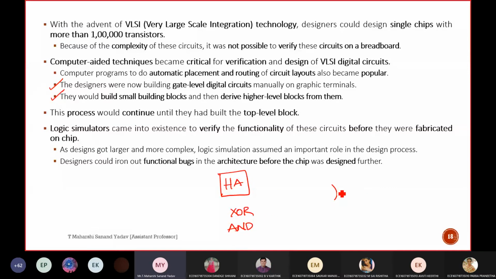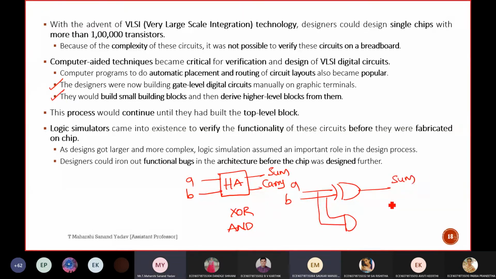So the figure looks like this: one XOR, one AND gate. How many inputs and outputs for a half adder? Two inputs, two outputs: sum and carry. Sum is A XOR B and carry is A dot B.